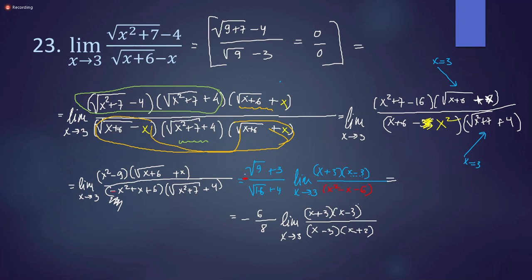So we have minus 6, 8, and this is 3 plus 3, 6, and 3 plus 2 is 5. So we can see that some simplifying is possible, 2 and 3. So we have minus 9 over 10.